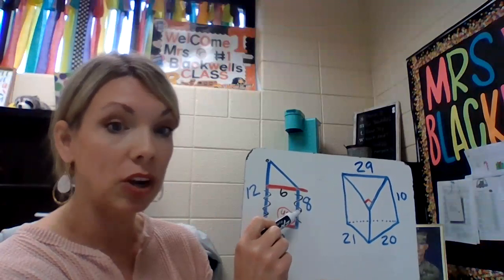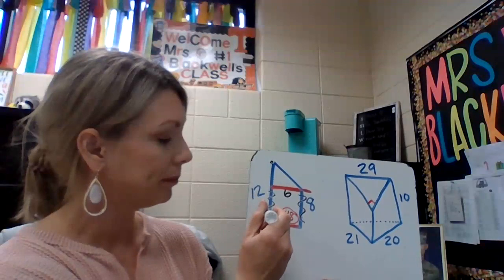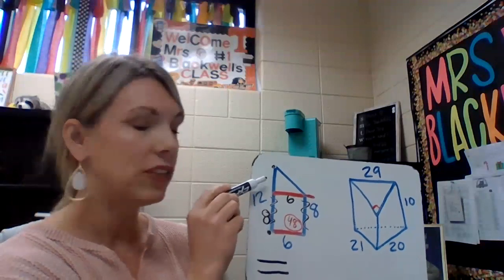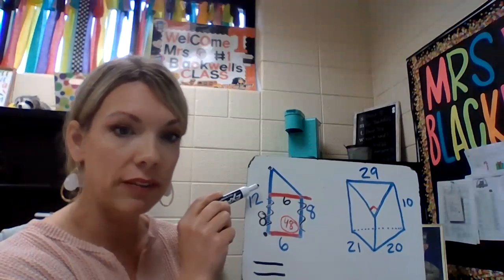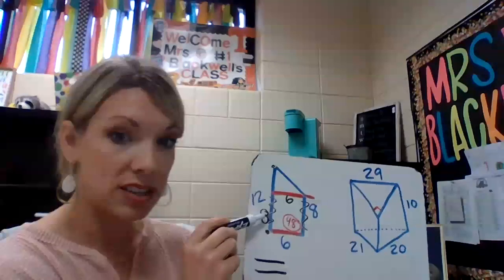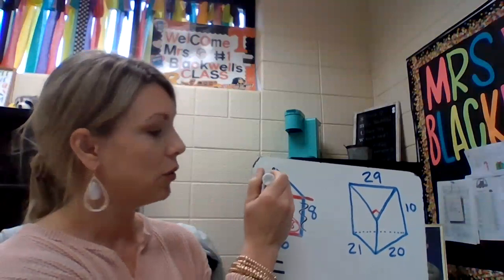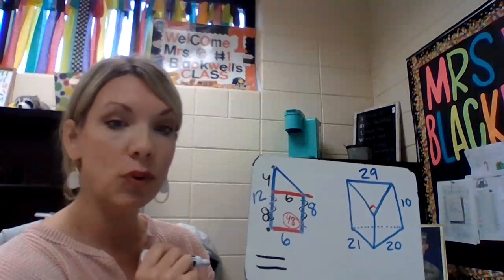And remember, if they're parallel, they should equal the same. So if this one is 8, then what do you think is left over for the height of the triangle? It would have to be 4, because 8 plus 4 more would give us our total 12. So the height of the triangle is 4.